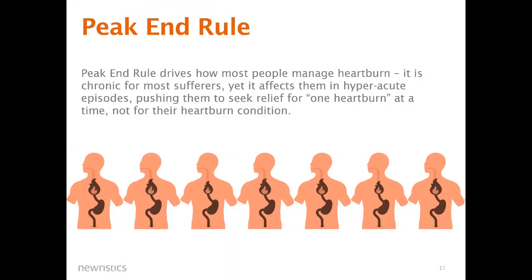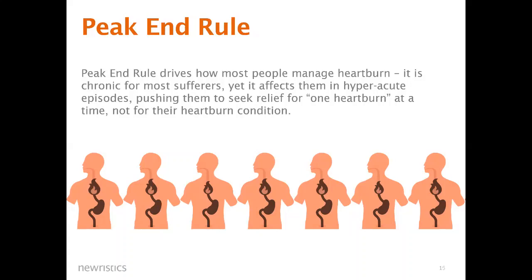If it's a medium or heavy sufferer, they're having heartburn more than once a week. Yet, because heartburn happens in very hyper-acute episodes, you eat something, or you had a can of Coke with your sandwich at lunch and you shouldn't have, boom, immediately your heartburn flares up. It's that kind of hyper-acute response.